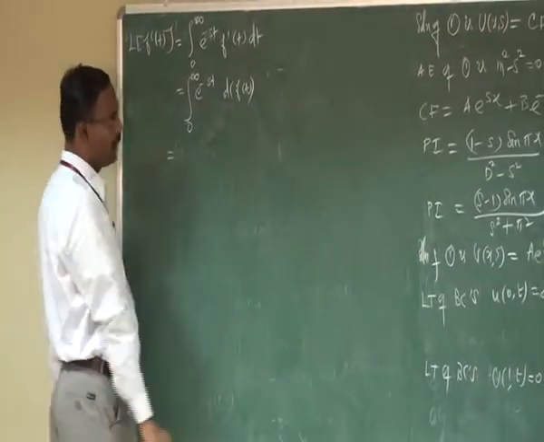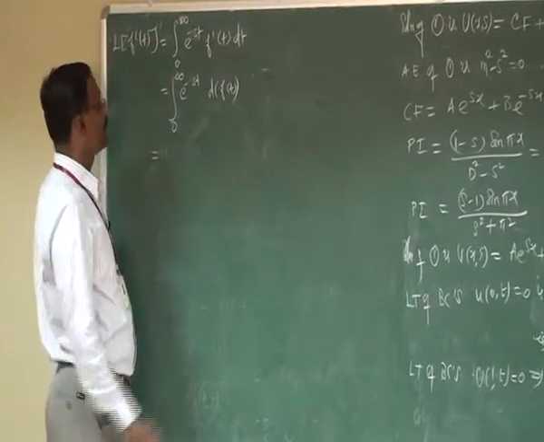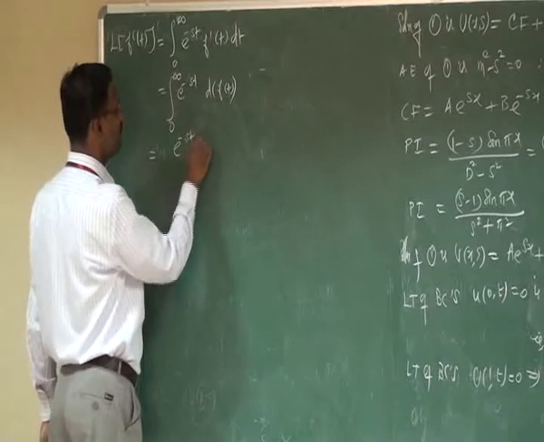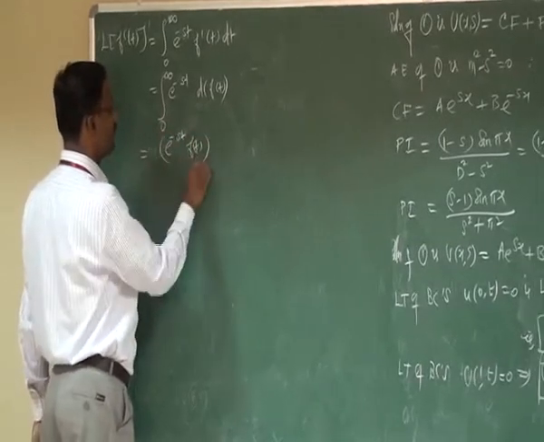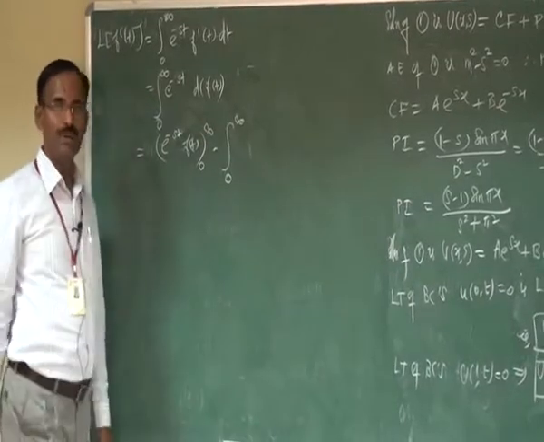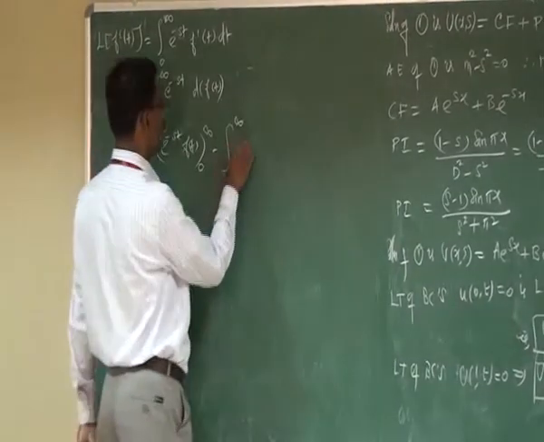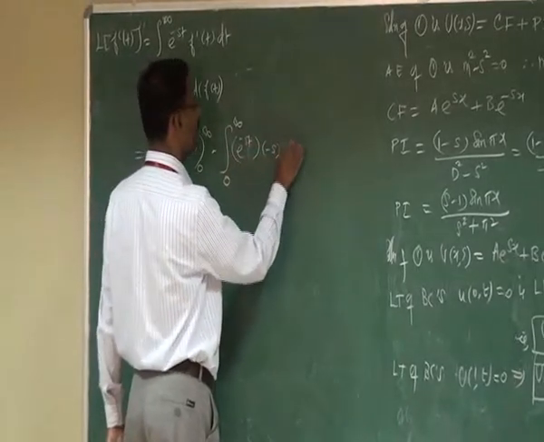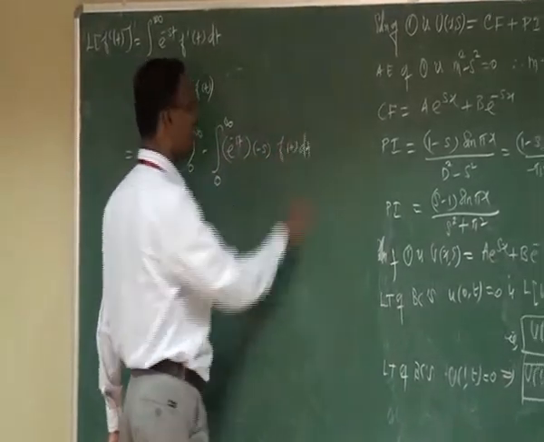So by using the integration by parts formula, we get e power minus st into f of t from 0 to infinity, minus integral 0 to infinity e power minus st into minus s into f of t dt.